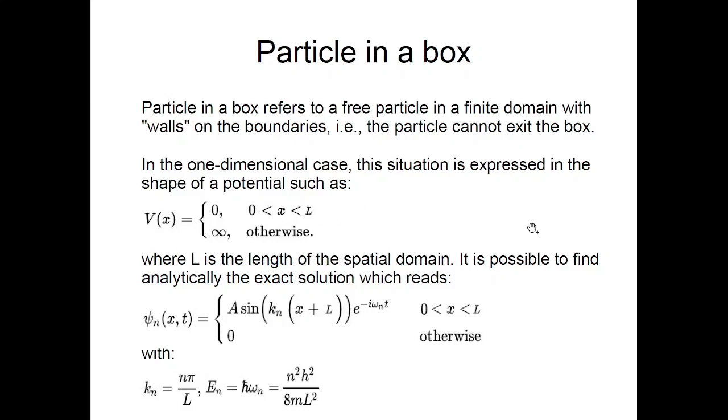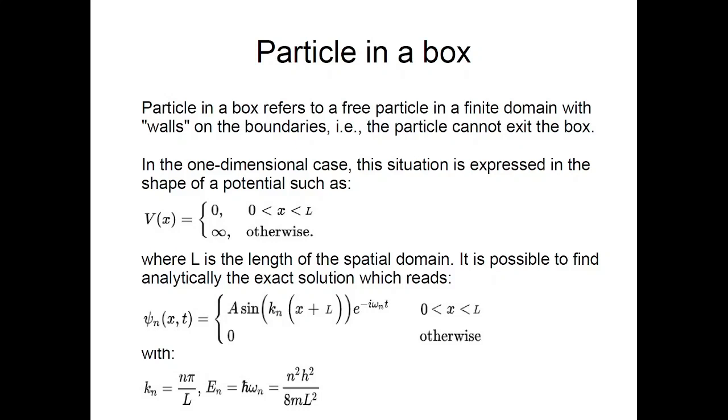So in this particular case, again, it is possible to prove that the exact solution exists, and the exact analytical solution is represented by this function here that I am showing with the pointer of the mouse.